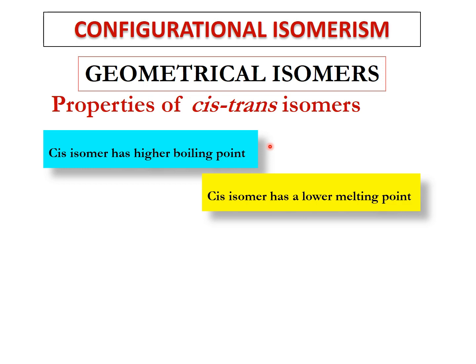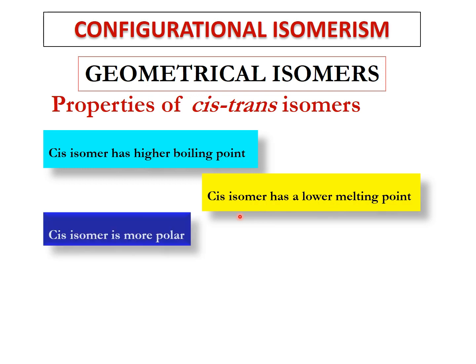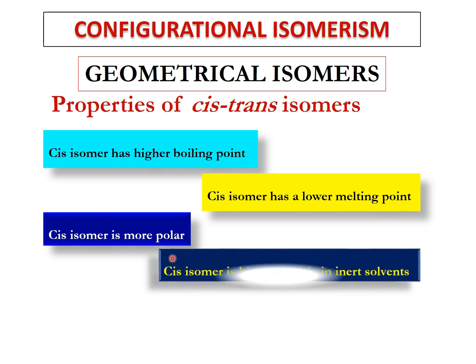So the trans isomer is packed more efficiently as compared to the cis isomer, and that is why when they are packed together, the interactions are higher and it is harder to separate them or convert them into liquid form. So that is why the trans isomer has a higher melting point as compared to that of the cis isomer. And as I told you earlier, because of the orientation of the groups on the same side, they are more polar as compared to the trans isomer.